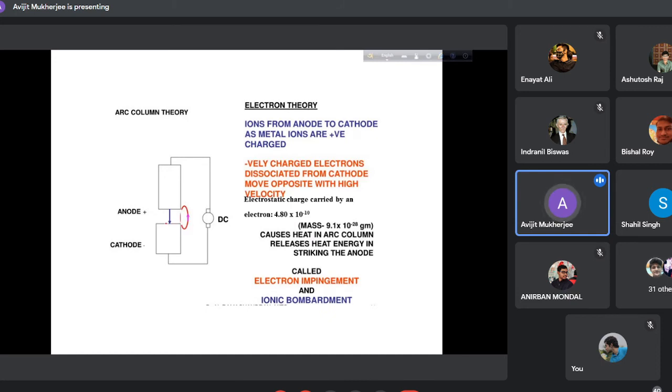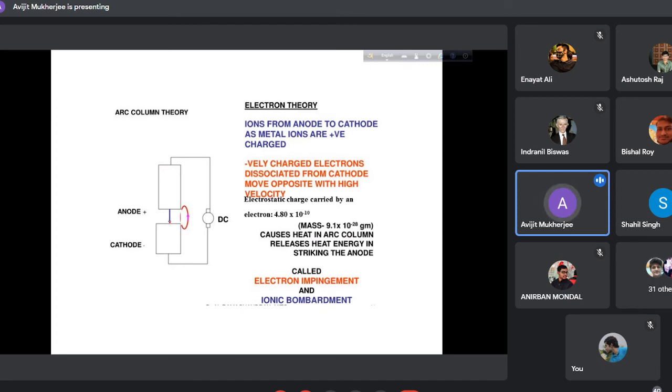Just the opposite, just think. The electrical theory states that ions will be liberated, but here the electron theory states that electrons will be liberated at the metallic surface, or cathode surface, because electrons are easily liberated from metallic surfaces compared to ions. It is a phenomenon of any metal.